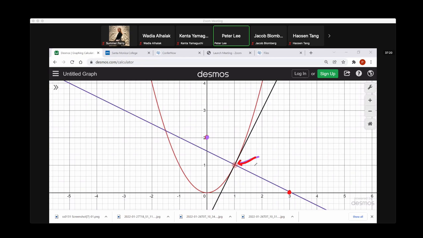This is now the closest point. Is that the closest point? Yes, that is the closest point. And if that is the closest point, then this point is on the normal line, at the closest point.